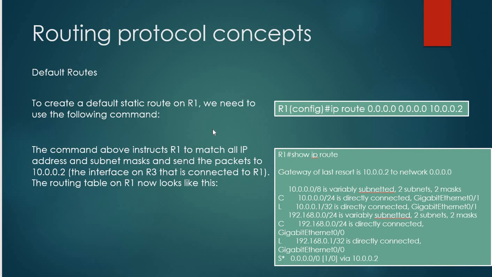First, in this configuration mode, we have to enter ip route 0.0.0.0 with the subnet mask 0.0.0.0. This commands R1 to match all IP addresses and subnet masks and send all the packets to 10.0.0.2 in this network area.